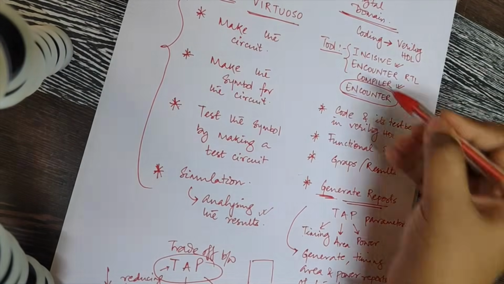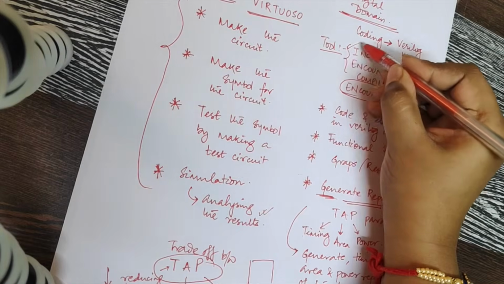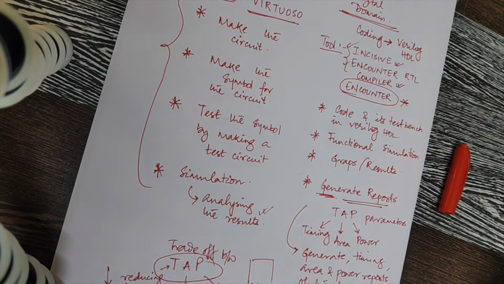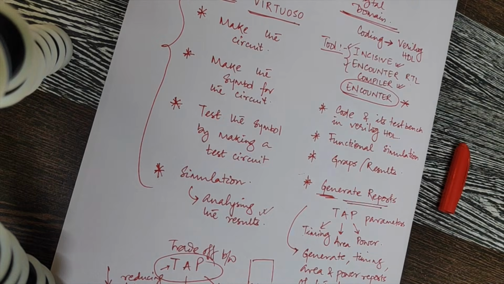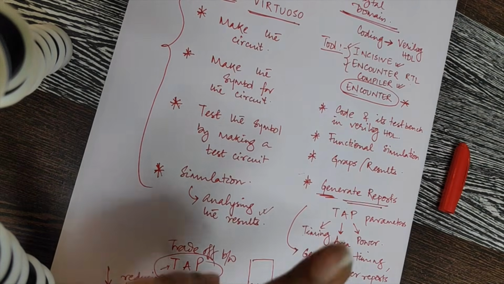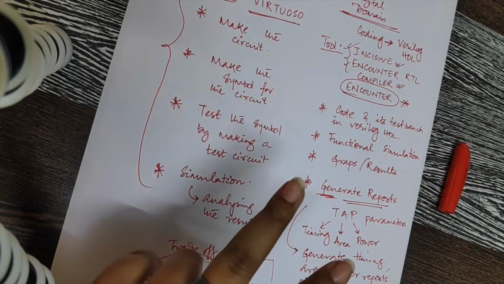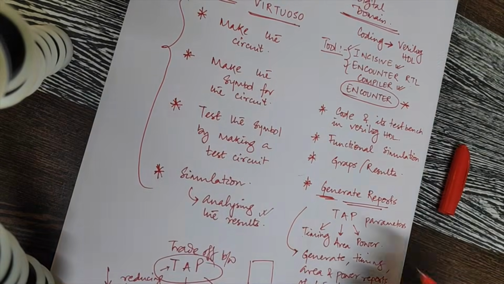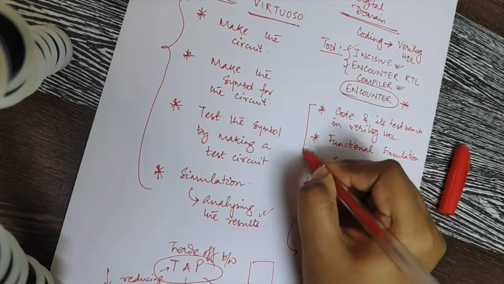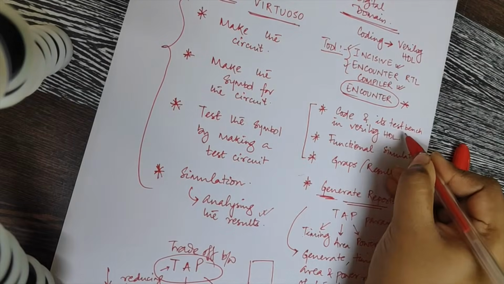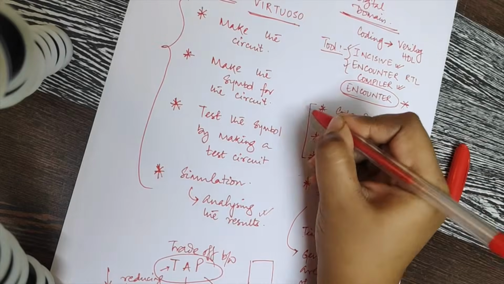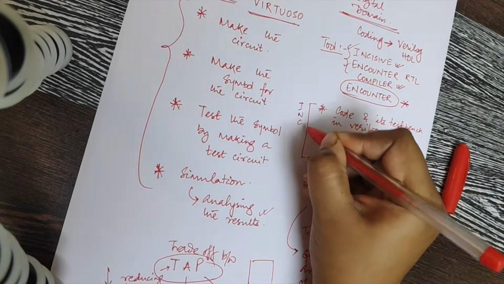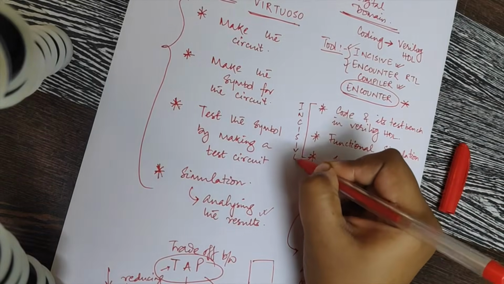All right, understood? So this is what we are doing in Cadence in both the parts. Now, I said the tools in digital are Incisive and Encounter RTL Compiler, that will be of your use. But here nowhere have I mentioned both of them. If two tools I am using, that means I need to know which one is where. Till this part, coding, test bench, functional simulation and graphs will be taken care by Incisive.